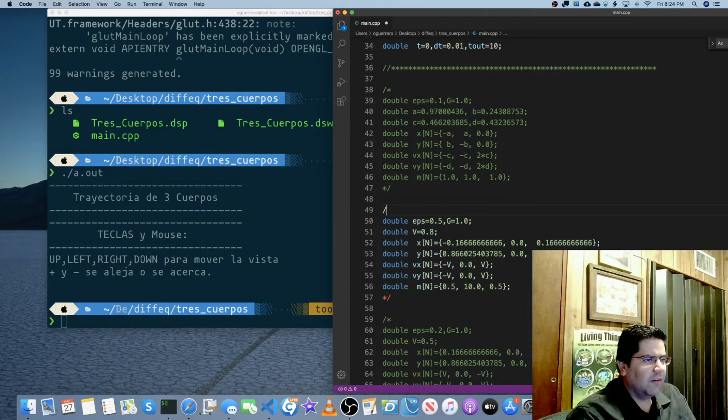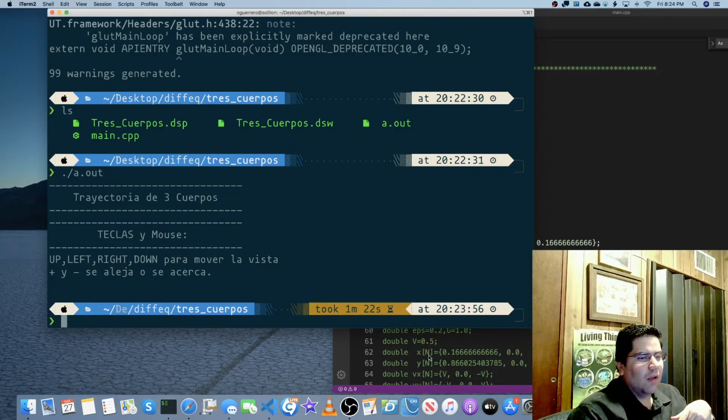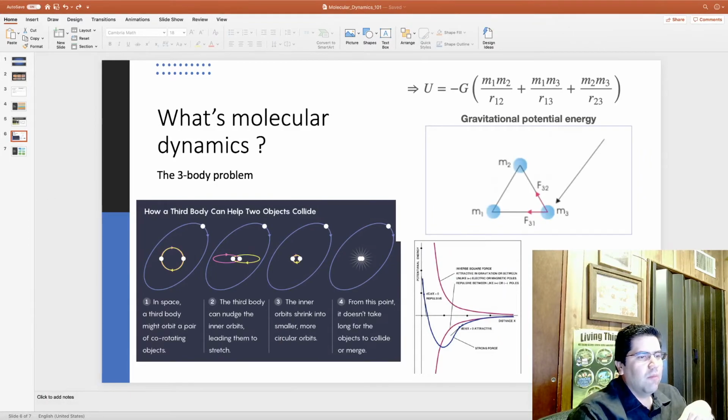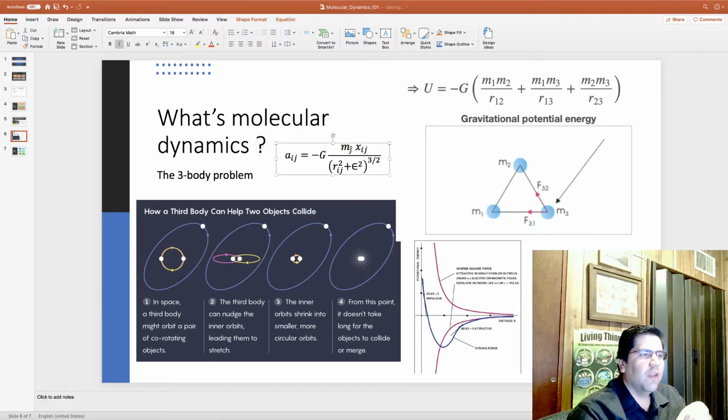Okay, we had different scenarios. So I'm going to try another one just to see what happens if we change the positions, the velocities, and then the masses. Remember that in the acceleration we have the small m. I don't know if you can see it because you're blocking, but you can see right here that when we have acceleration we have this small m.